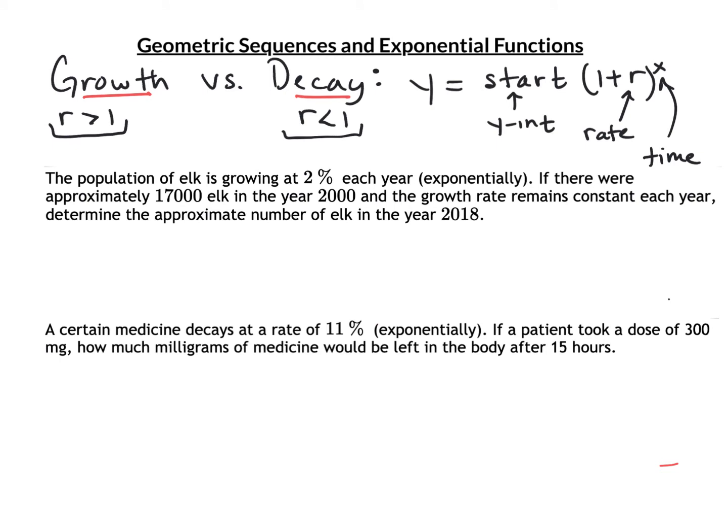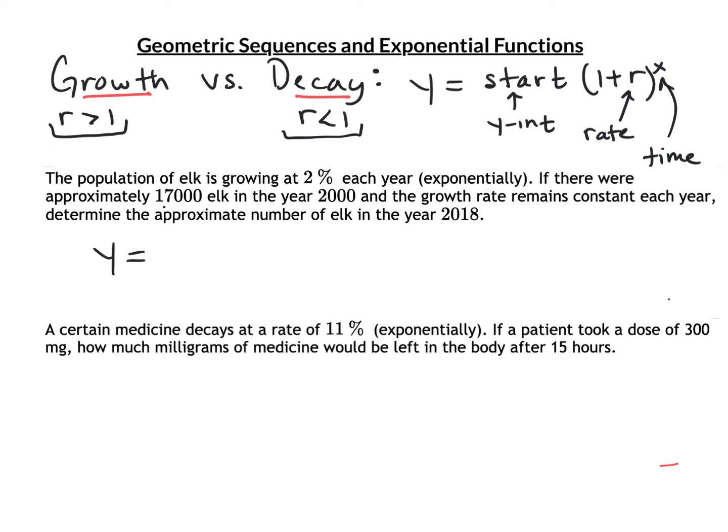Here's an example of both growth and decay. The population of elk is growing at 2% each year exponentially. If there were approximately 17,000 elk in the year 2000 and the growth rate remains constant each year, determine the approximate number of elk in the year 2018. Our equation is y equal the start.